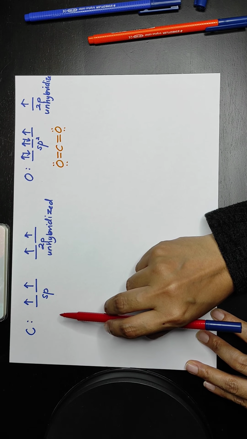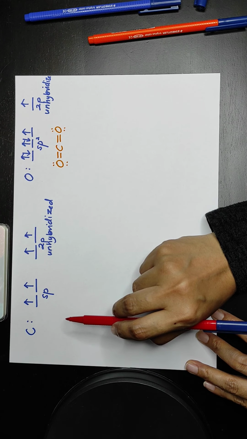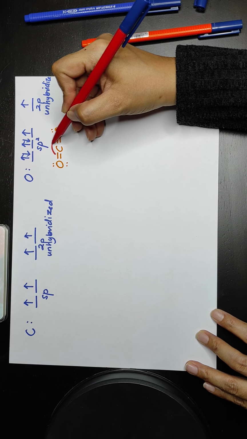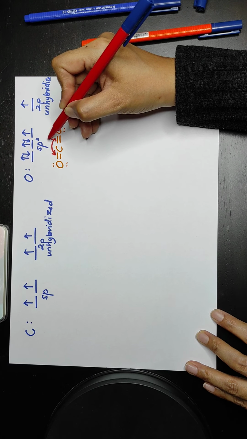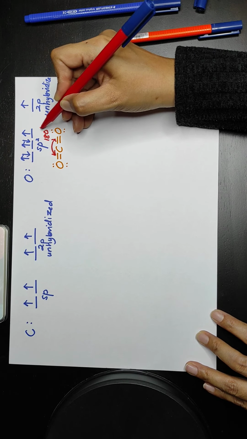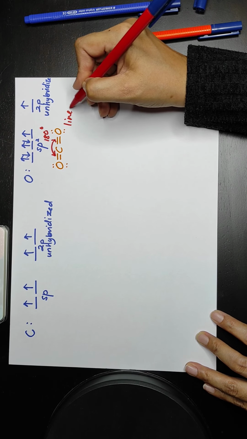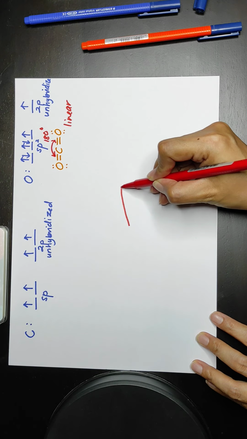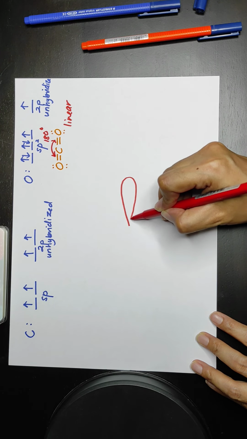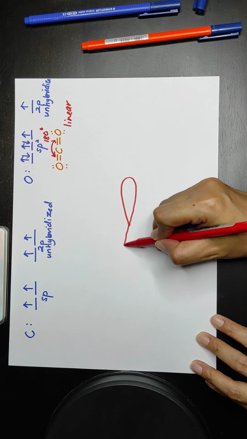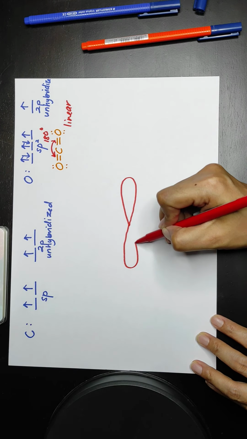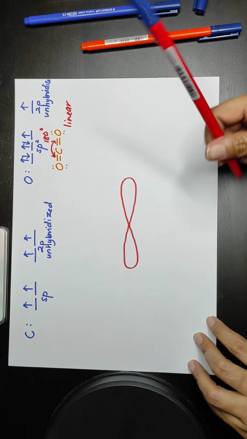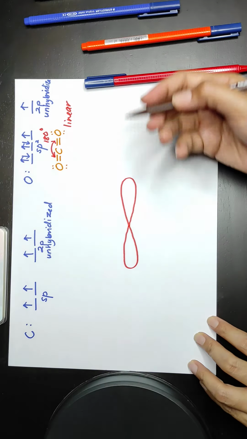So for sp hybrid orbitals, the electron group arrangement is linear, and from the molecular shape you know that carbon dioxide has a linear shape with bond angle 180 degree. So this is the sp hybrid orbitals of carbon.